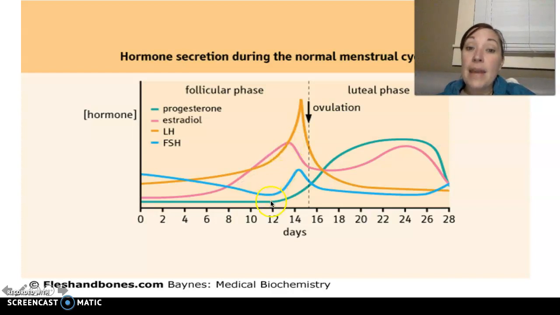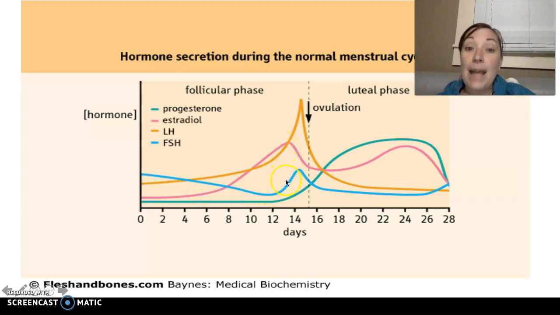And then remember that progesterone also starts to rise. The peak of estrogen and the rise in progesterone are what stimulate the anterior pituitary to begin to re-release FSH, because you'll notice FSH right here has dropped.